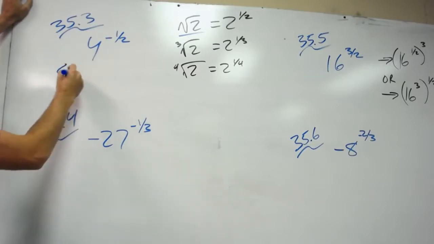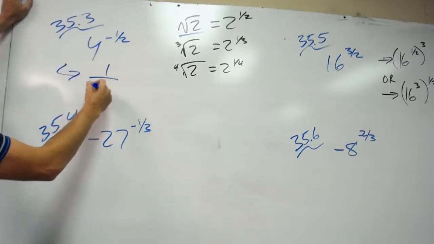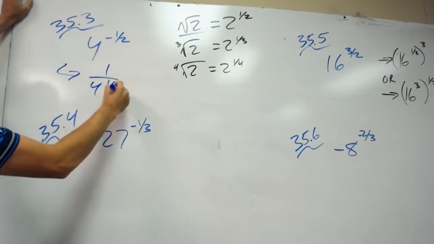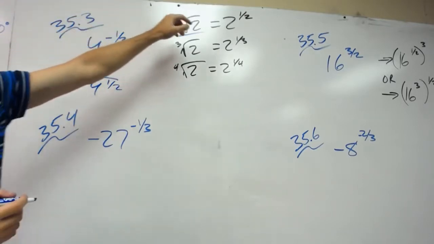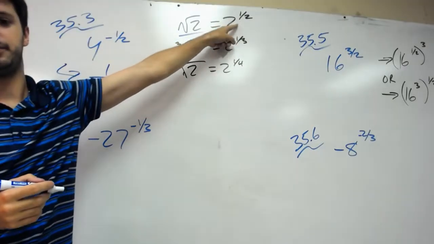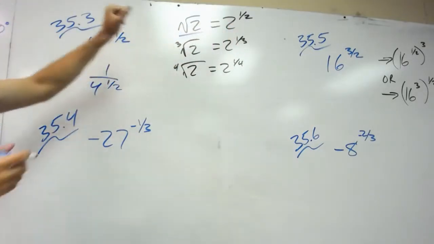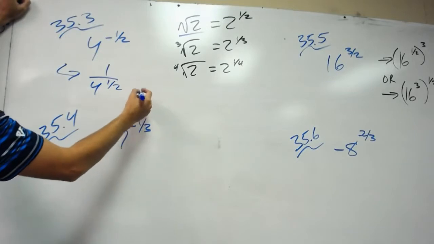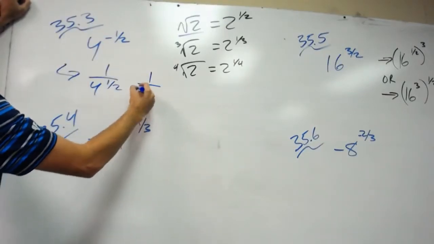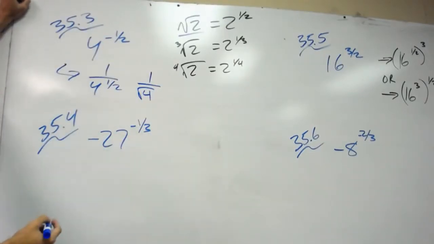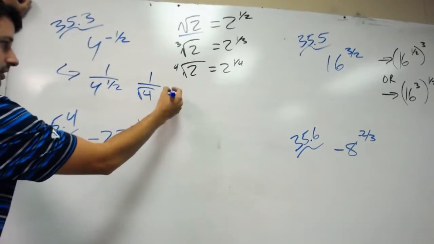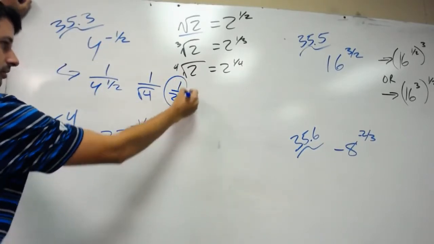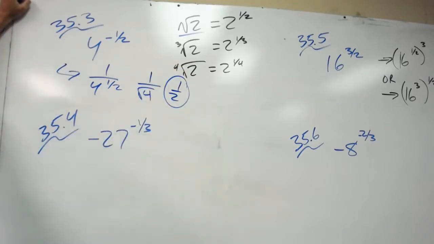So this would become 1 over 4 to the positive 1/2 power. Now, like we said, something to the 1/2 power is the same as just giving it a square root. So this is like saying 1 over square root of 4. 1 over square root of 4 is 2. So your answer is 1 over 2. And that's how you do these.